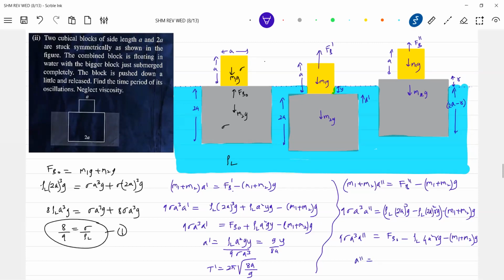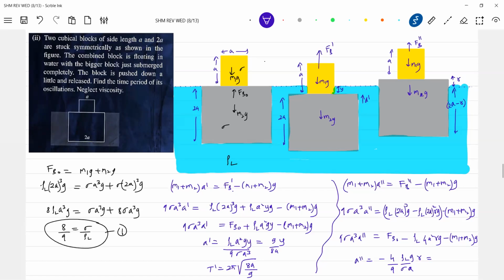A double dash should be equal to 4 by 9 rho L by sigma. How much will we get from this one? Minus GR by 2A. 9 will get cancelled, no?